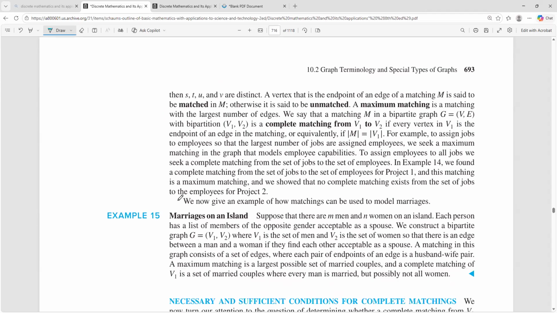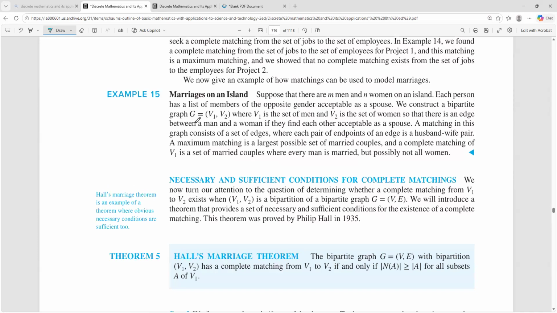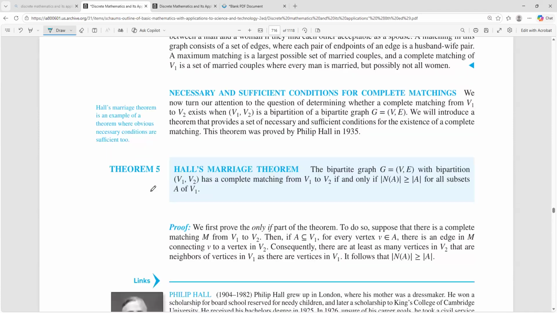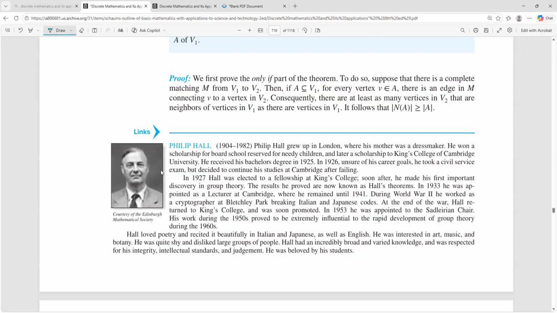And that leads us to Hall's marriage theorem, where we're given a bipartite graph G with vertices and edges, has a complete matching if and only if the neighborhood of A is greater than or equal to A for all subsets A of V.